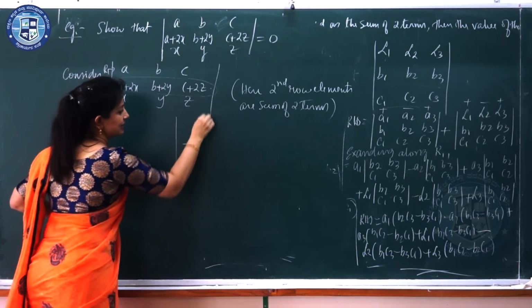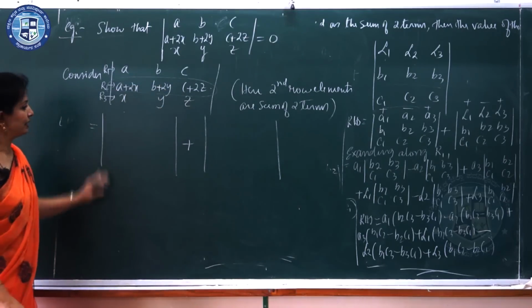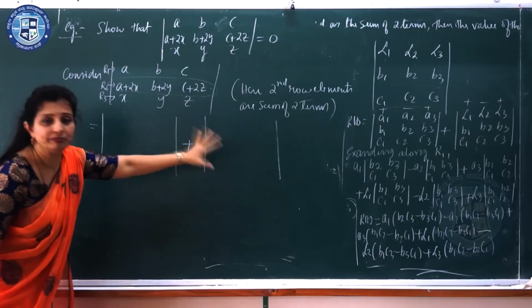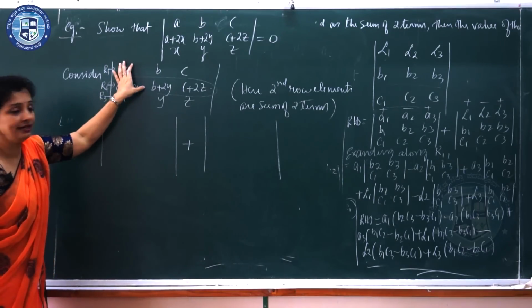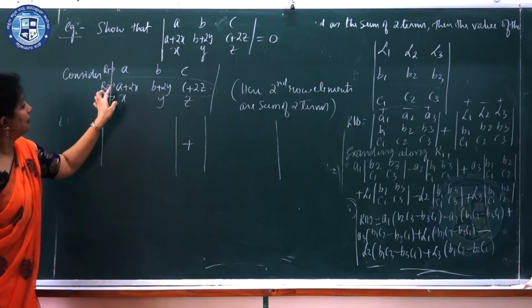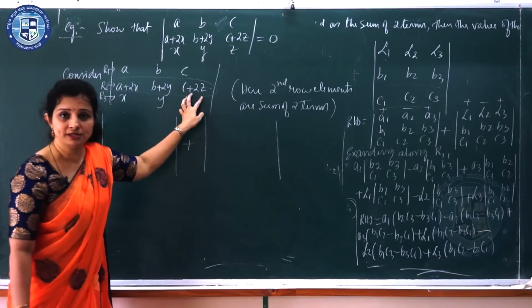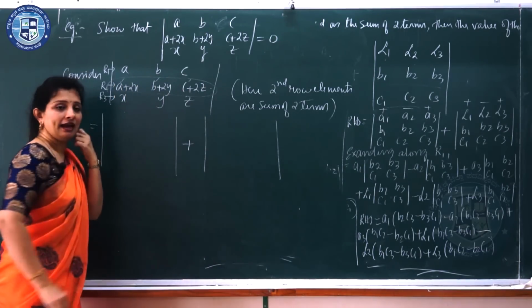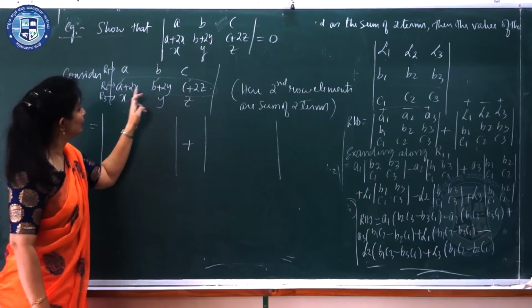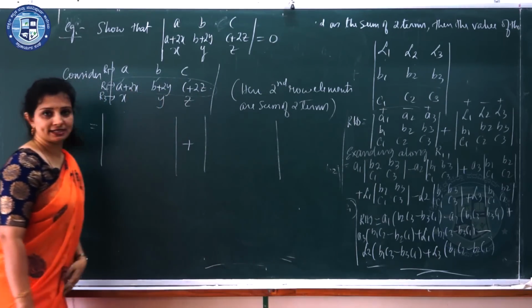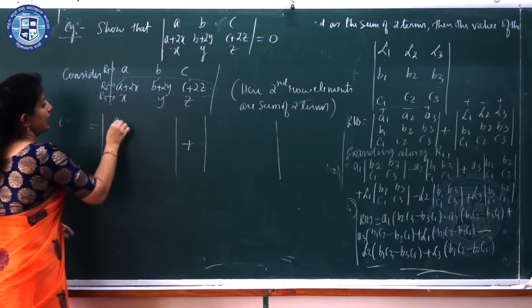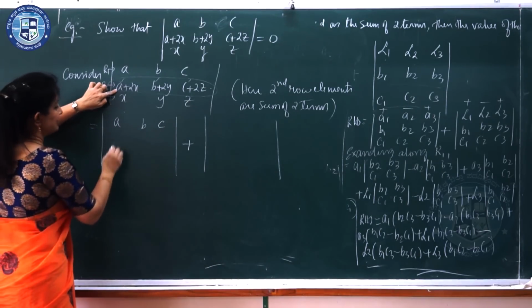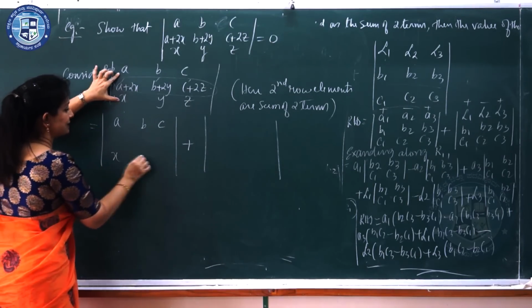How are the determinants written? In the first determinant, the first row and third row are exactly the same as in the given determinant. But the second row, since it is a sum of two terms, in the first determinant we write only A, B, C, and in the second determinant we write 2x, 2y, 2z. So, it is A, B, C, and the first and third rows are the same, x, y, z.